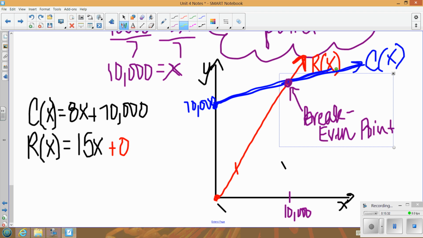When your cost is more than your revenue, so in this region right here, this represents the area of loss. Any number less than 10,000 for x is going to result in loss. So right here is going to be the area of loss.